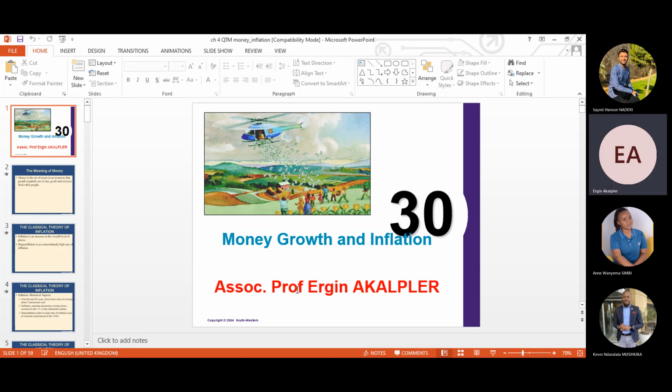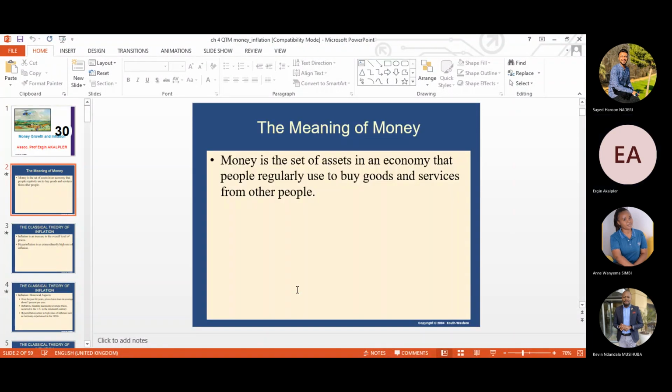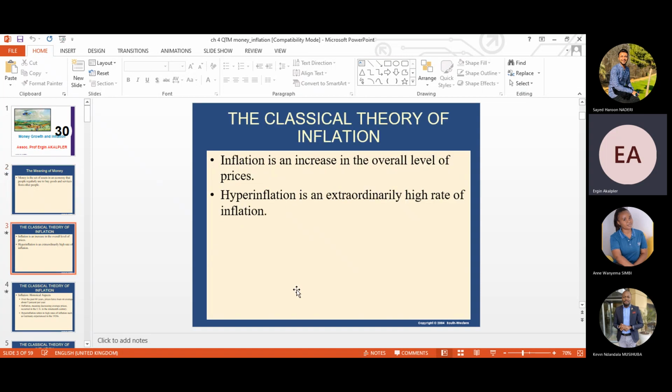Now we are going to explain a little bit this quantity theory of money. Money, as you know, is the set of assets in the economy that people regularly use to buy goods and services, and it is very important, of course. And inflation is the rising of the general price level. Therefore, it is very important for balancing the economy.